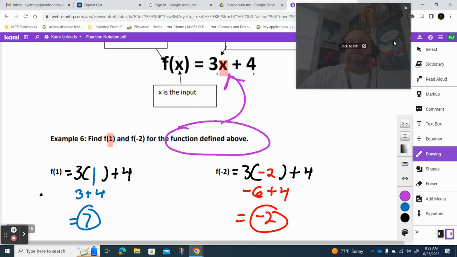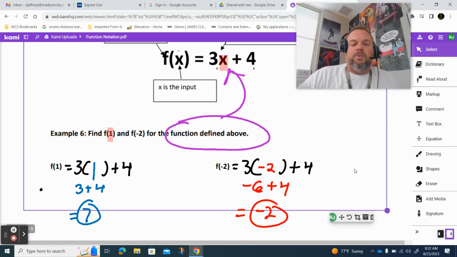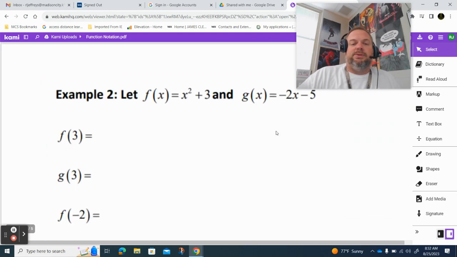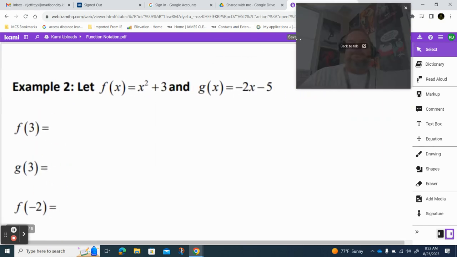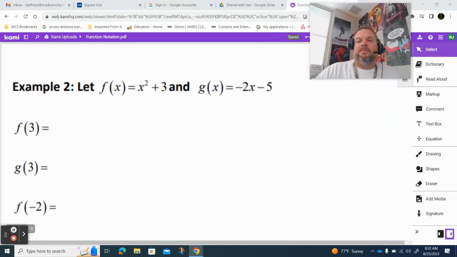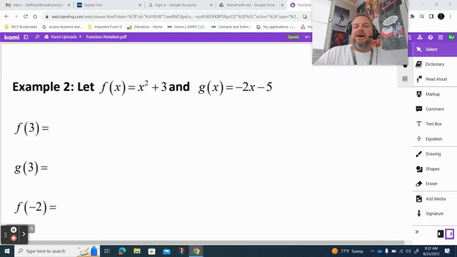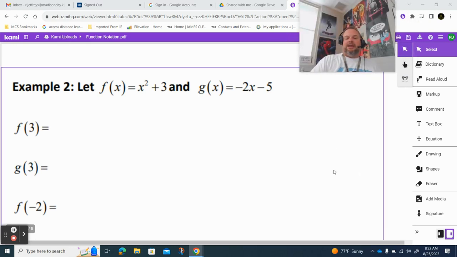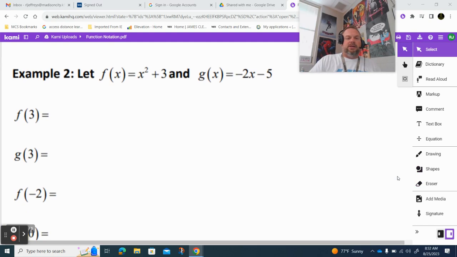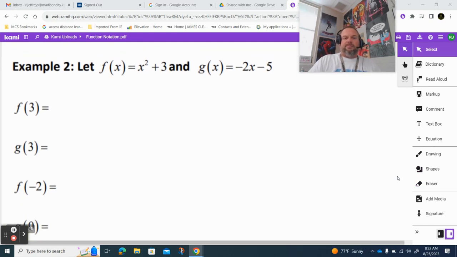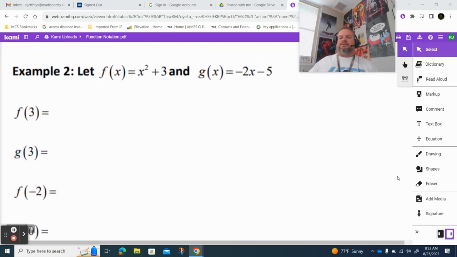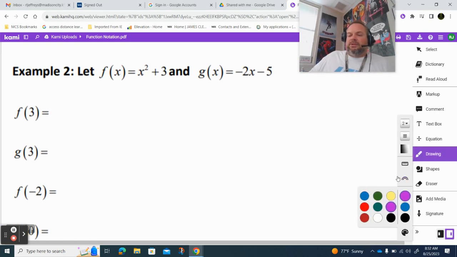All right, so let's do some more. Now, you actually have to use that gray thing in between your ears a little bit more for this one. Okay, so let's try to use that. It might be difficult for some.